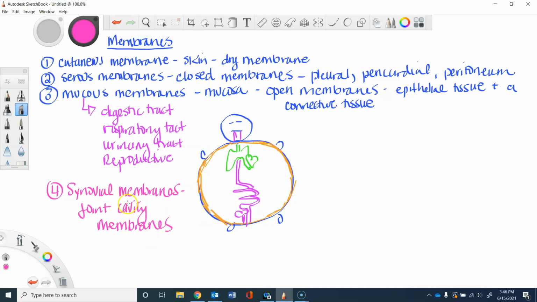So we won't talk anything about synovial membranes right now. We'll wait till we get to the joints, and then we'll talk specifically about synovial membranes. Okay, so in the next video we're going to start chapter 5, which is the skin. So we're going to focus on the cutaneous membrane, which is the skin.